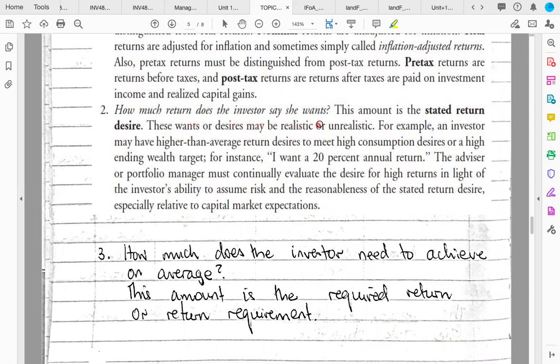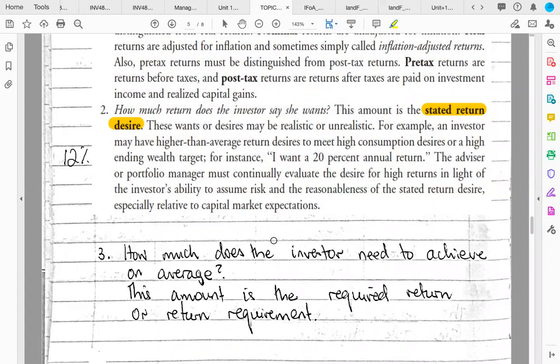And then the second question is, how much return does the investor say he or she wants? So this would be the stated rate of return. So an investor will have what they would want. Like an investor might say, I would want to achieve a 12% return over the next 5 years.